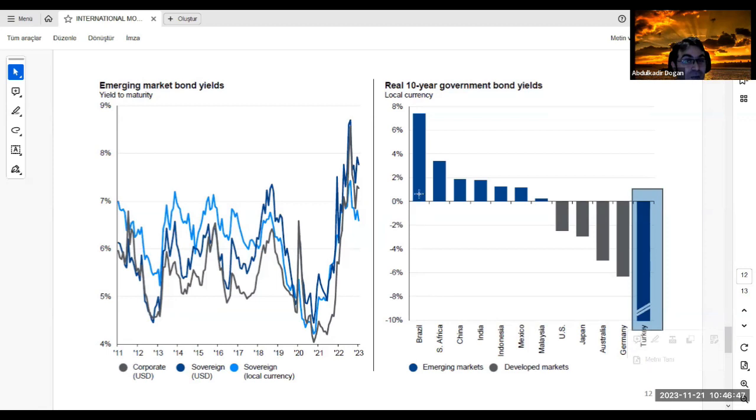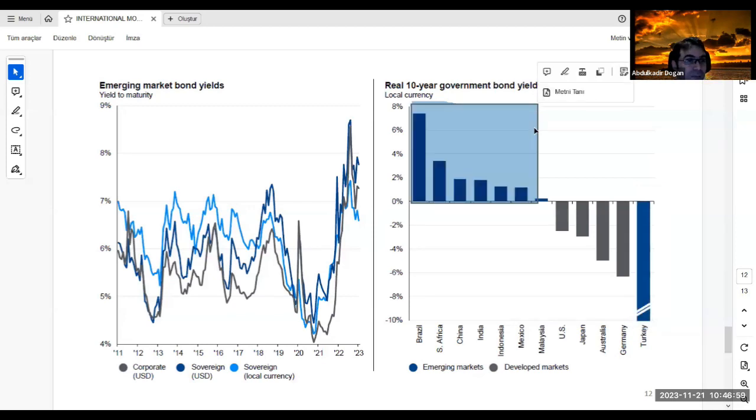Here, as you see, Brazil and the Latin American countries, the emerging markets, have the highest returns in their local currency real government bond yields. For that reason, if you are trying to take a position, you should take into consideration risk, inflation, and FX appreciation and depreciation issues in emerging markets.